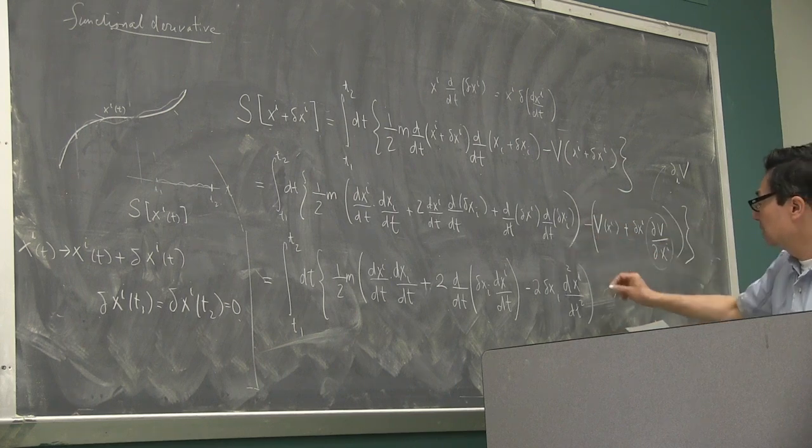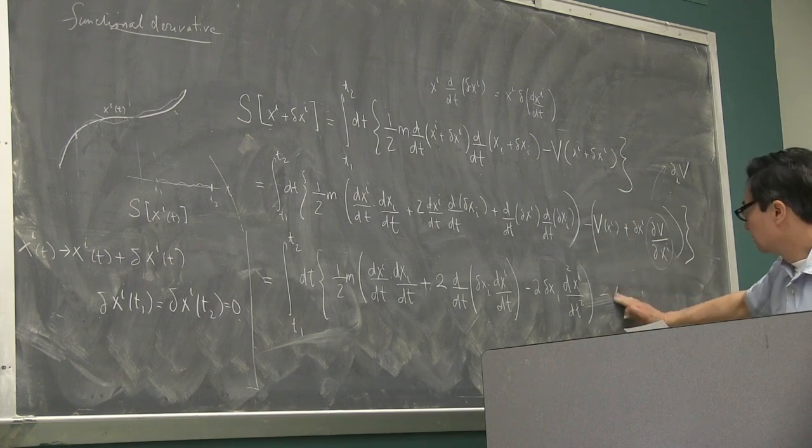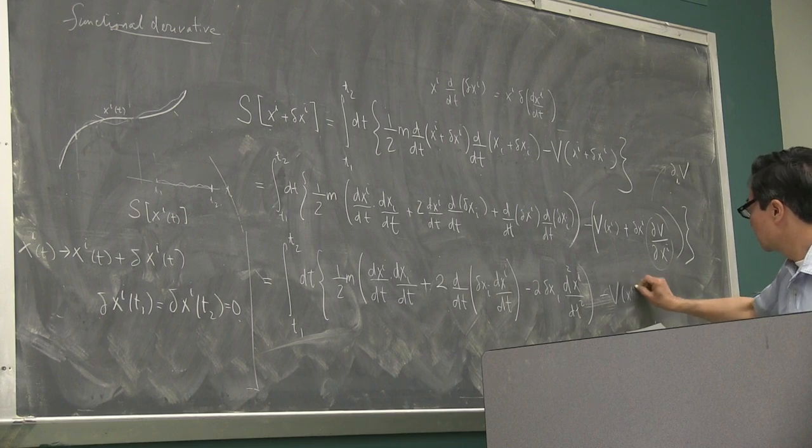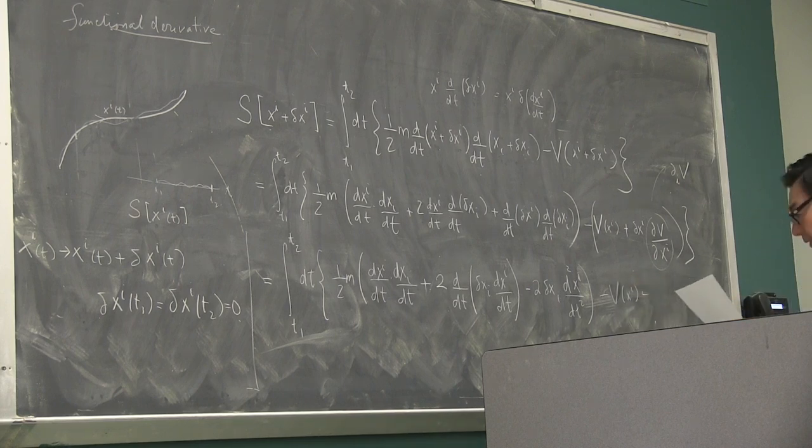That corresponds to this one in here, and minus V of x i minus delta x i. And I'm going to use this notation, e i V. And then I close off the curly brackets.